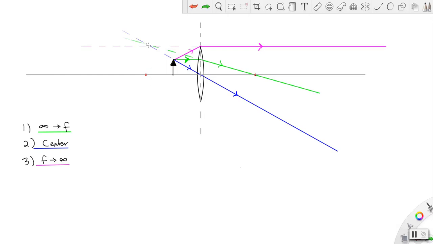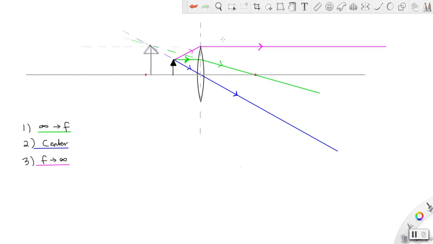So let's go ahead and take a rough average there and place our image in that spot. That's the tip of the image, so we would expect it to look something like this, because it has to go to the optical axis. It appears to be much larger than the object. And so now let's run our equation and see if we can get the same, or roughly the same answer.